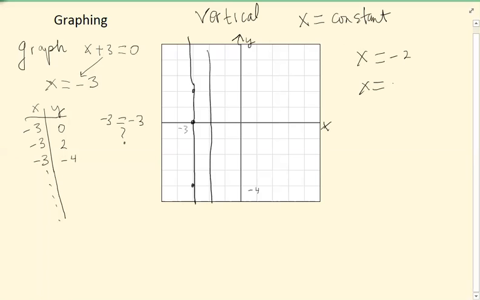Let's say x were equal to 3. Well, that would be over here at 3, vertically, straight up and down at 3. All the points along that line have x coordinate equal to 3. That's what this tells us. So that's important to remember about the vertical line.